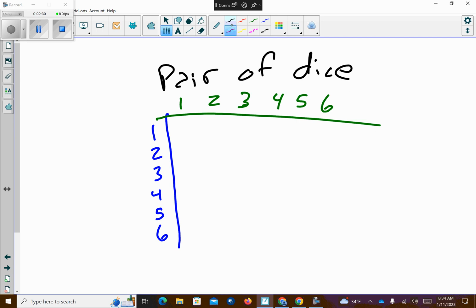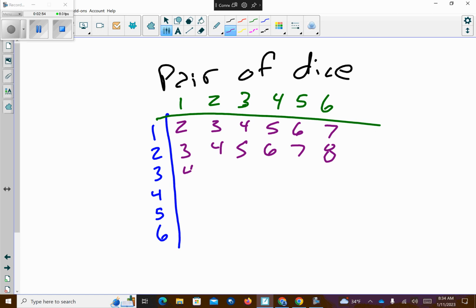So when you roll a pair of dice, you add the top numbers on the dice together. So if you roll a 1 and a 1, you can get 2 points. If you roll a 1 and a 2, you can get 3, and so forth. Then if you roll a 2 and a 1, you can get a 3, 4, 5, 6, 7, 8.